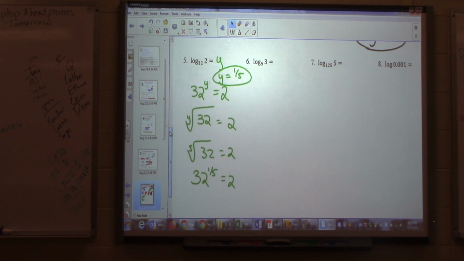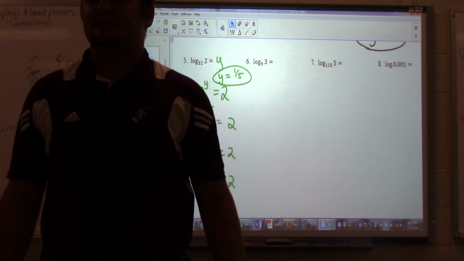And a fraction will turn into some sort of root. So the what root of 32 gave me 2? Fifth root of 32 gave me 2. Or you can think of it as, 2 to what power is 32? So like 5 to what power is 125? Okay, does that make more sense, Paige? Yeah. Okay. Maybe I should explain it.